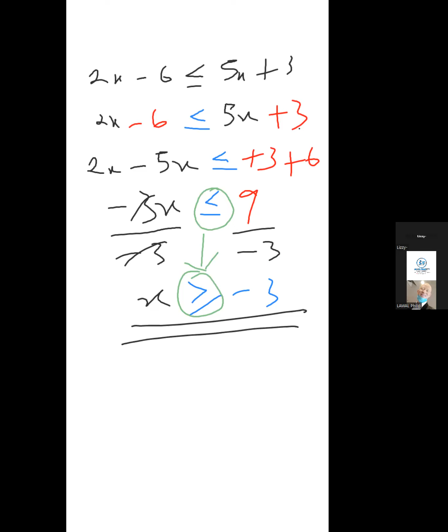This is the secret behind it. If you have -5, look at the number line. -5 is here, then 5 is here. In between, we have several other numbers. We know that this -5 is less than 5. But if I decide to divide both sides of this by -1, this one over -1, this one over -1, this minus will cancel this minus.